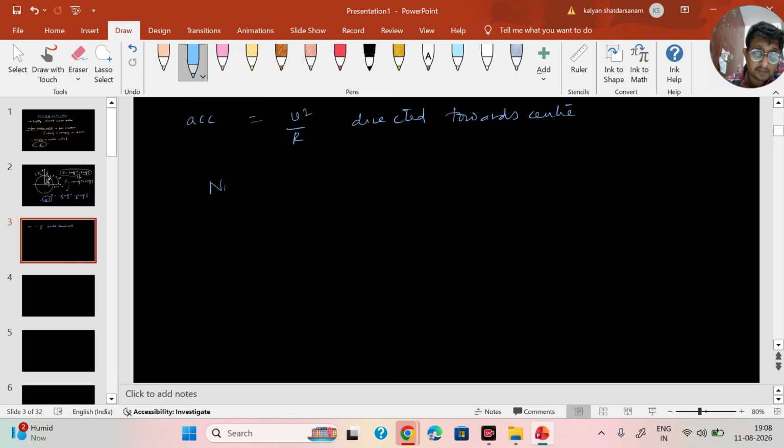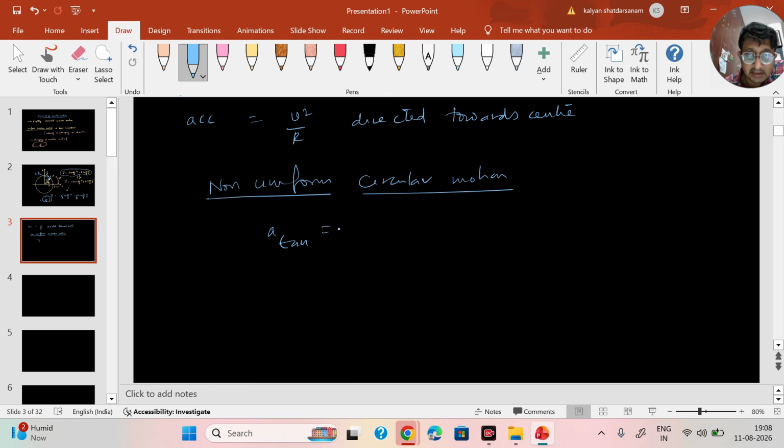If it is non-uniform circular motion, in addition to v square by r, which is the radial acceleration directed towards center, there is also a tangential acceleration, which I said is derivative of speed with respect to time.